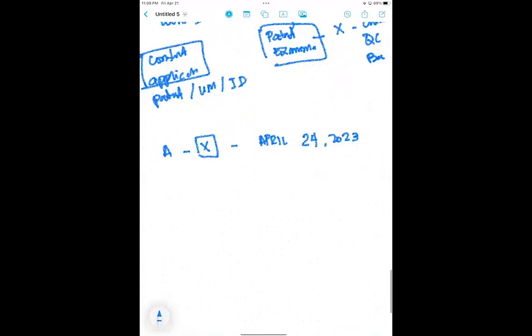Now, when A filed his application for patent on April 24, 2023, the patent examiner said, you know what, A, another person, B, also claims that he invented X. And B filed his application, let's say, for example, April 15, 2023.